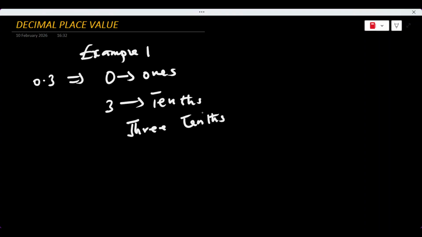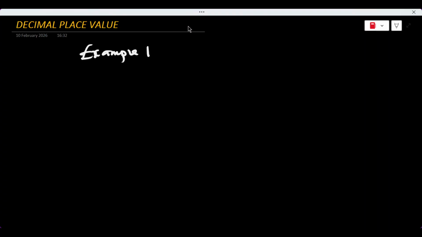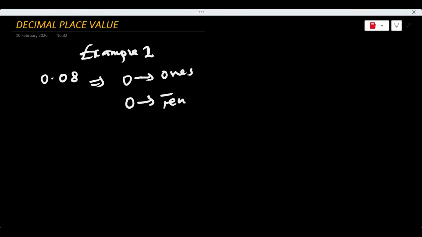I believe you understand that. Let's look at example number 2, 0.08. The first 0 is at the ones place, the second 0 immediately after the decimal point is at the tenths, and the 8 is at the hundredths.